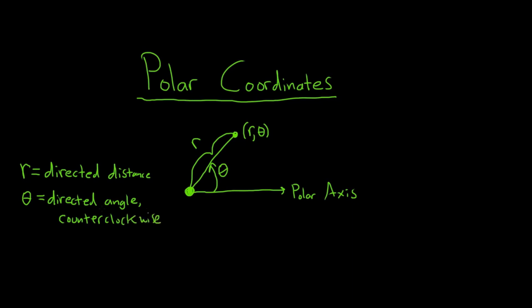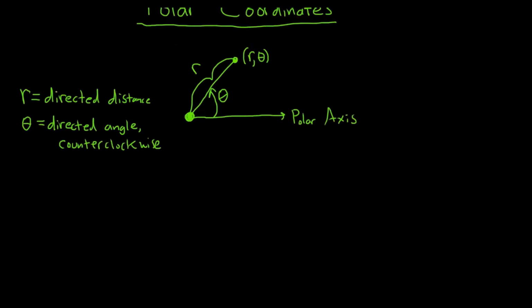Let's do some simple examples of plotting points in polar coordinates so you see how exactly this works. Say we had the point 3 comma pi over 6. Let's plot this point. Here's one axis and here's our other axis.